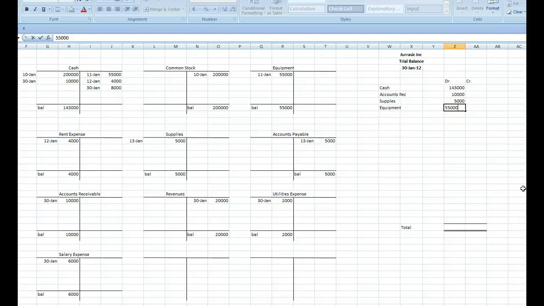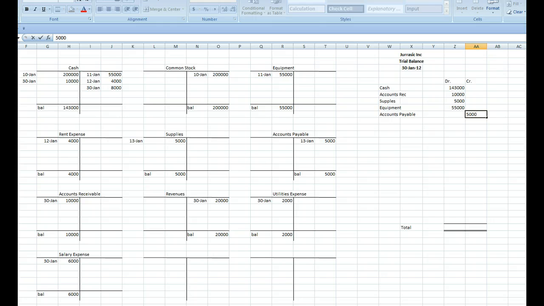If you look at all the T accounts that we have here, the only liability account we have is accounts payable. That would be the one to go here next. Accounts payable. The accounts payable account has a credit balance of 5,000. So you would now move over to the credit side and put that balance in the credit column.